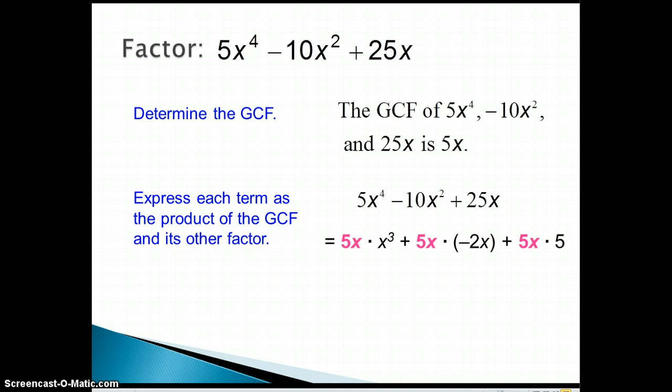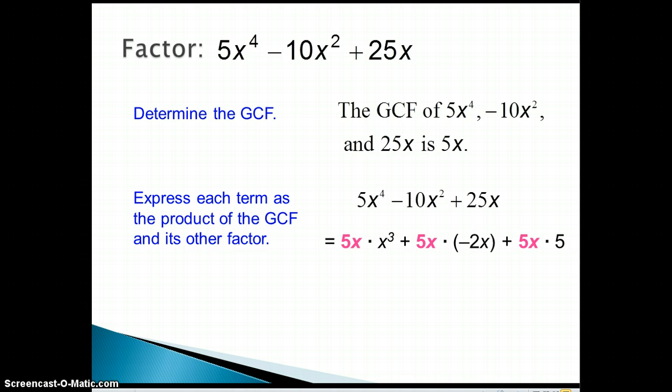And then with the 10x squared, it's negative 10x squared, so if we factor out a positive 5x, then the remaining factor is negative 2x. Then on the last term, if we factor out a 5x out of 25x, then the remaining factor will be 5.